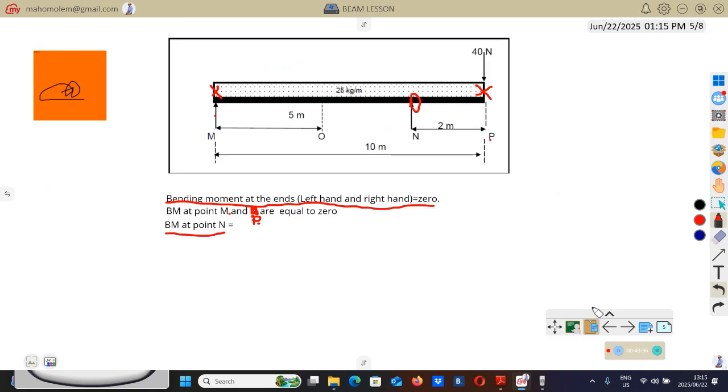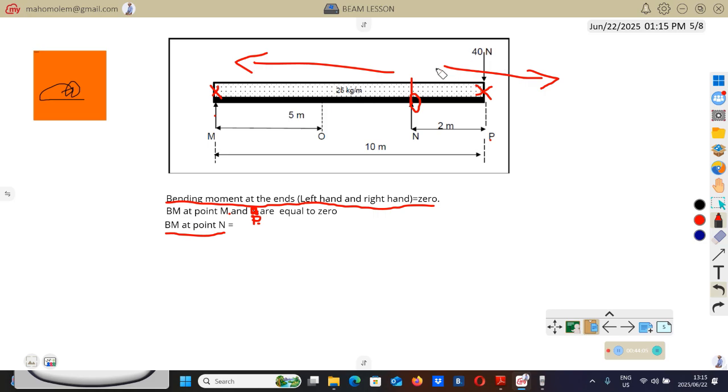So when you take moments, we're going to take moments here at this point. So you'll either consider the left-hand side, this side, or you consider the right-hand side. So it's really up to you. You will get the same answers. But we will advise you to consider the side that will have fewer forces.